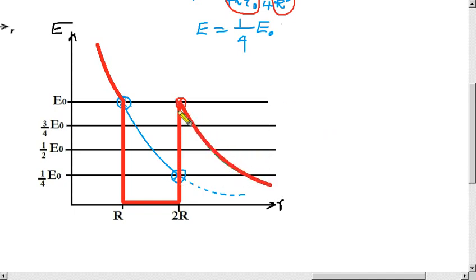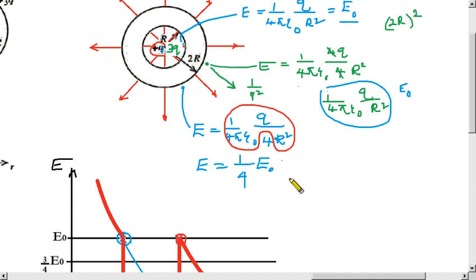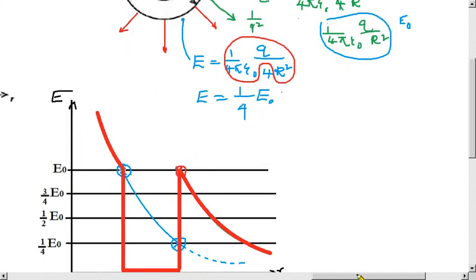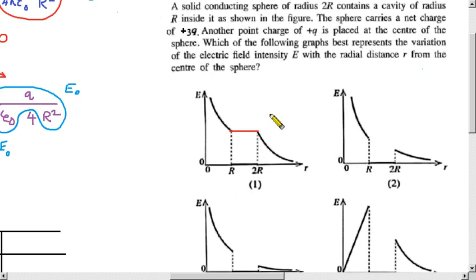So this is the final one. So these points are at the same level, you can see now. In this question, these points are at the same level. So at the same level, this one is the correct one. The first one is the correct answer for this question.